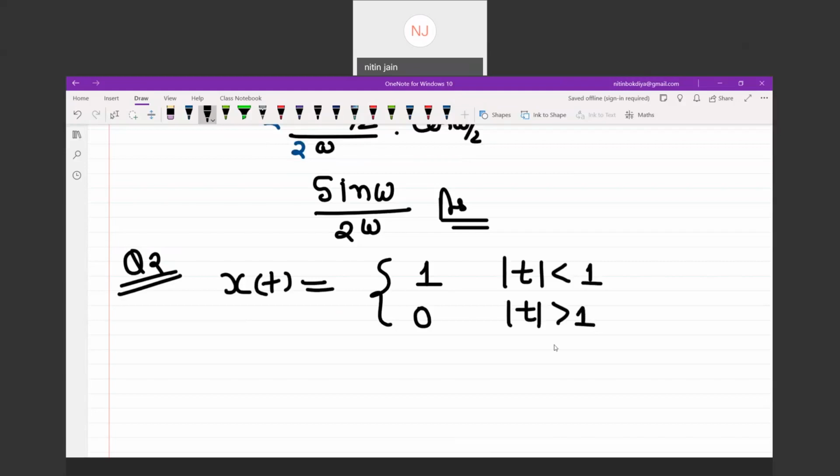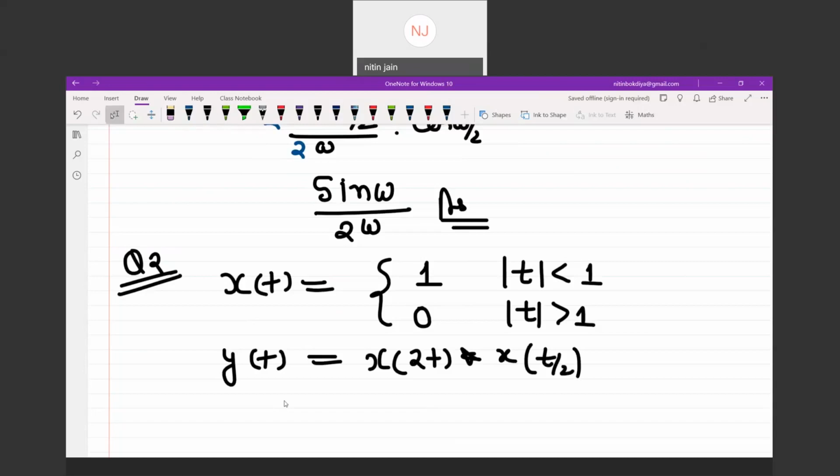Then what is the value of y of t, a function which represents x of 2t convolution with x of t by 2? Then we are interested in y of omega. What is the value of y of omega?